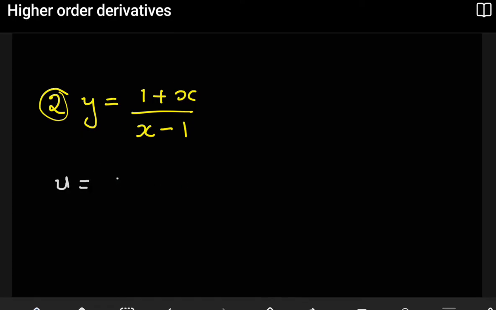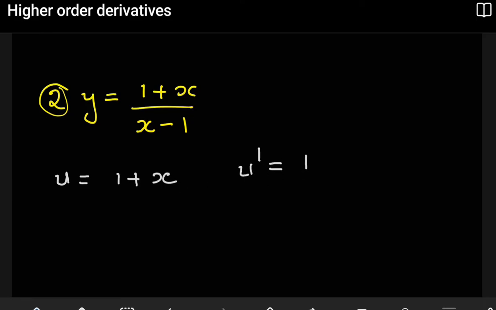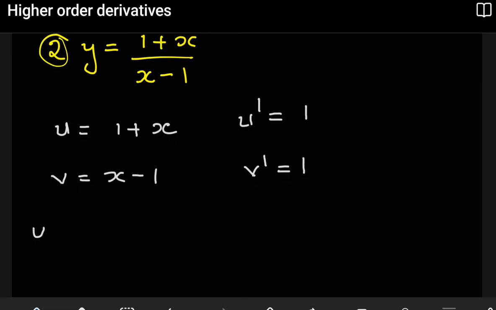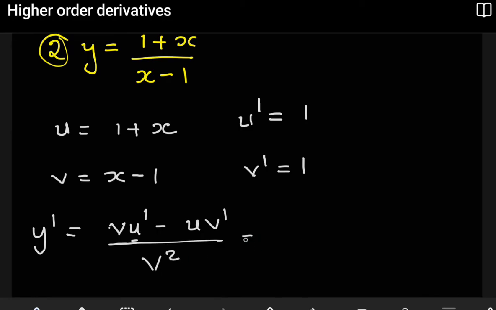So let's say u is equal to 1 plus x, so that the derivative of u, which is u prime, will be equal to just 1. Then if we let v be equal to x minus 1, the derivative of v, v prime, will also be equal to 1. Then we can say y prime, the derivative of y, will be equal to v times u prime, minus u times v prime, divided by v squared, by quotient rule, of course.